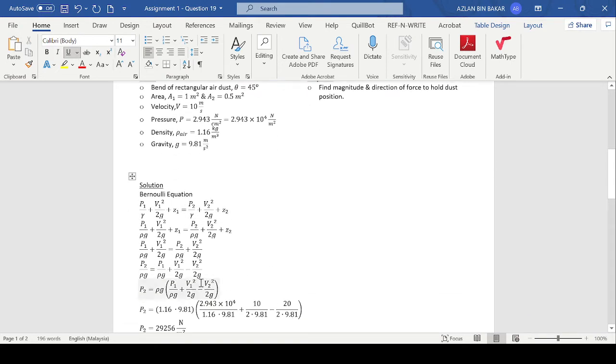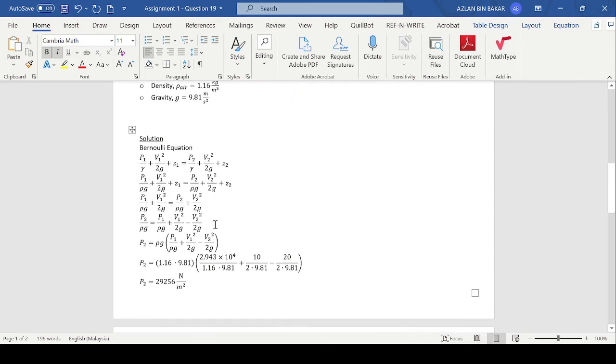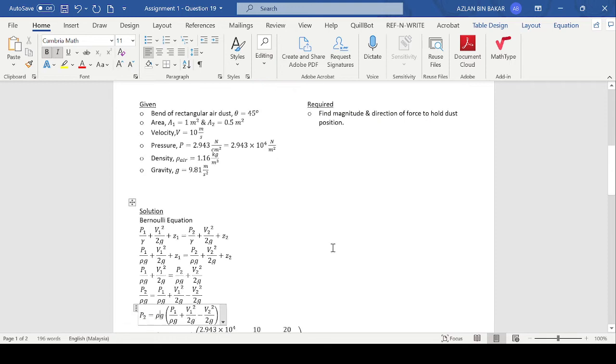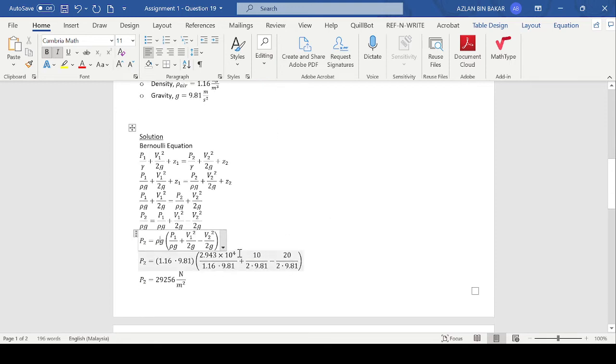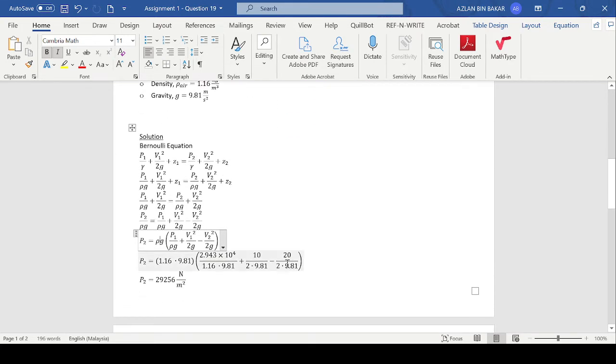So we just plug in the numbers: the density is 1.16 kilogram per meter cube times the gravity, 9.81, and the pressure at point 1, which is 2.943.